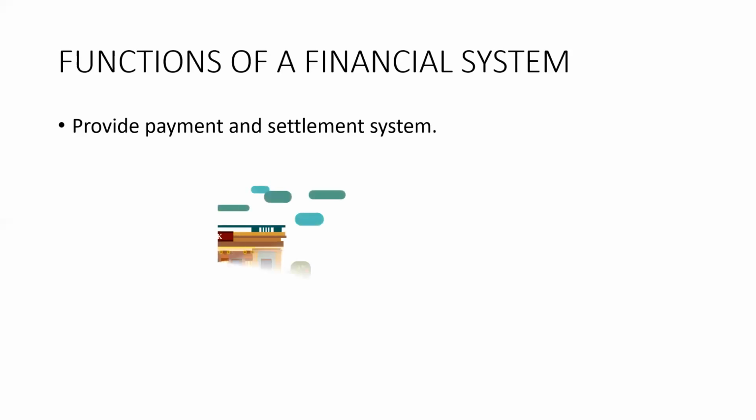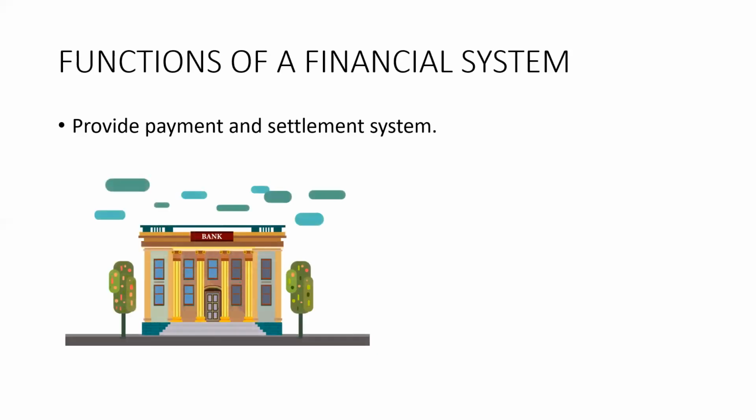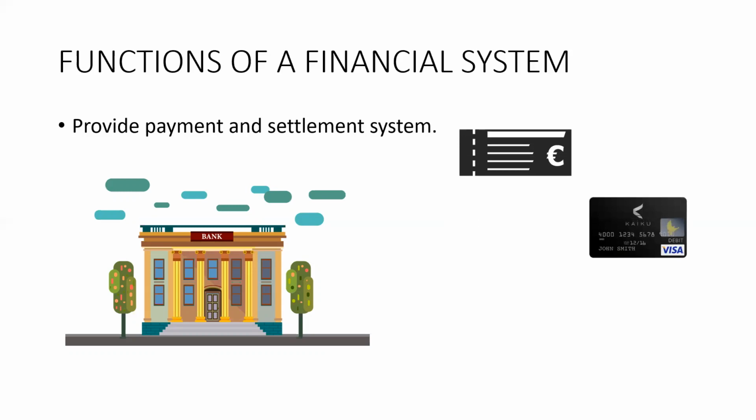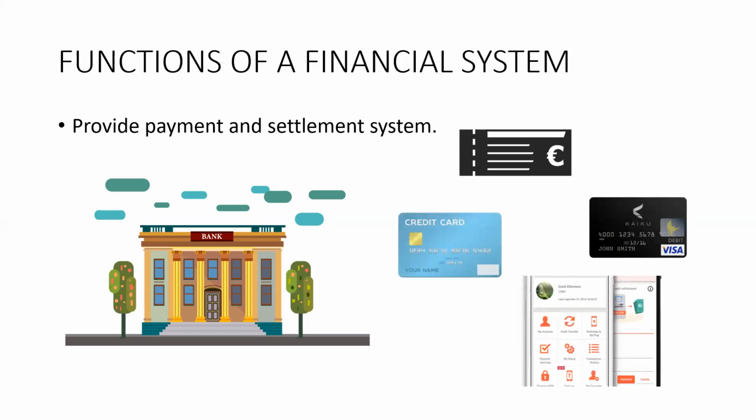Banks provide this mechanism by offering various means of payment facilities, such as checks, debit cards, credit cards, and other electronic payments through mobile banking and internet banking. So the payment and settlement system is being provided by banks through various means.